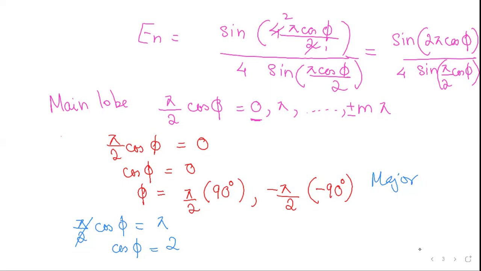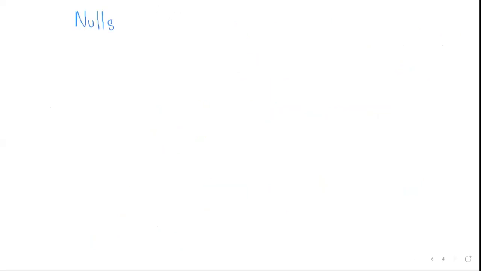That means the angle 2 pi cos phi should be 0 or pi. Tell me, where will you get the nulls? When you have 2 pi cos phi equal to 0 degrees, or pi, and so on till m pi. Everybody agrees? Let's start now.